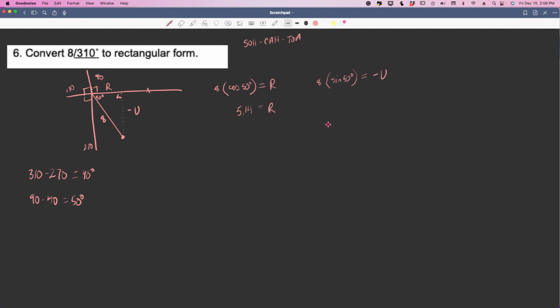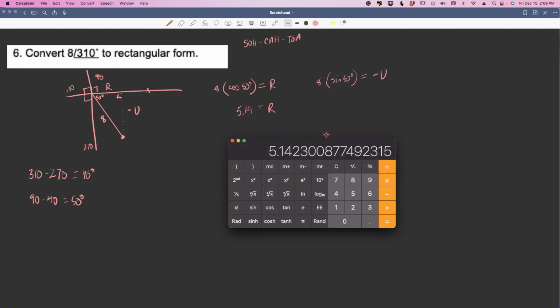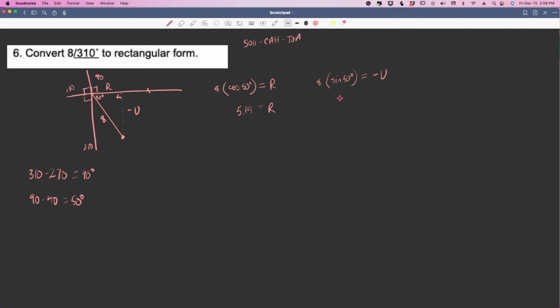So let's find u. Clear this. 50 sine times 8. 6.128, this would round to 6.13. So 6.13 equals negative u.